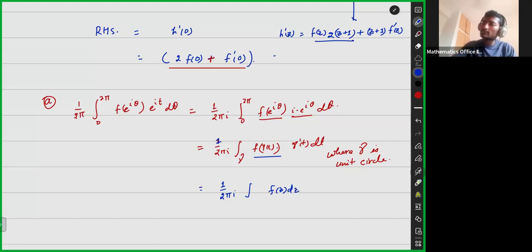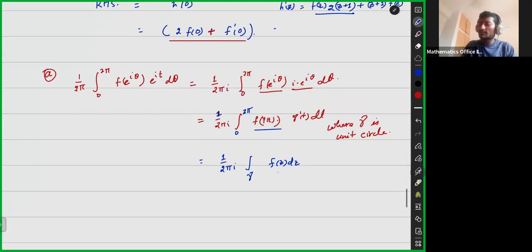So we should write here, till now we have not replaced it. So this is 0 to 2 pi. Now the integral over gamma of f(z) dz, and because f is holomorphic, this is 0 using Cauchy's theorem.